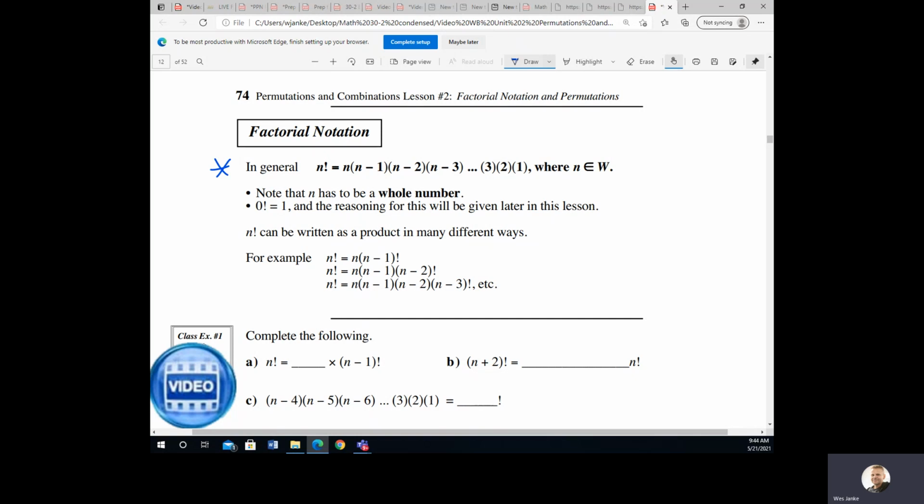Now, it's a little easier if we think about this as numbers instead of letters. So think of n factorial as 100 factorial.